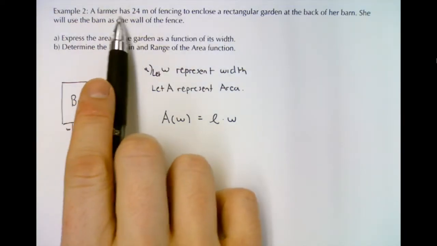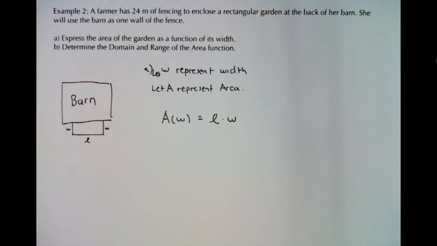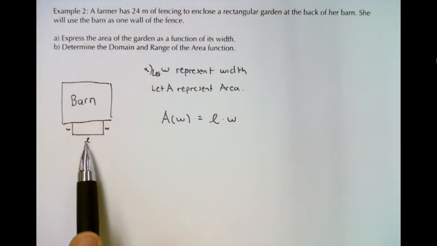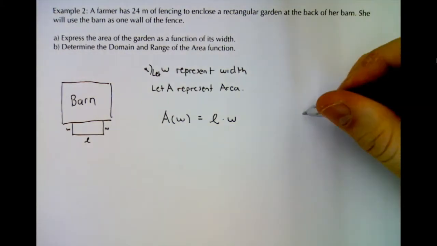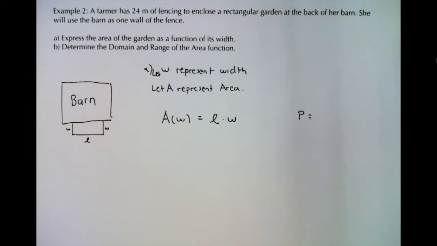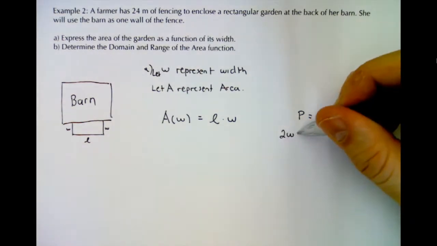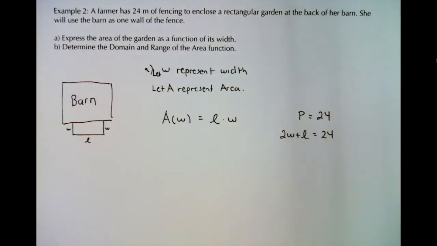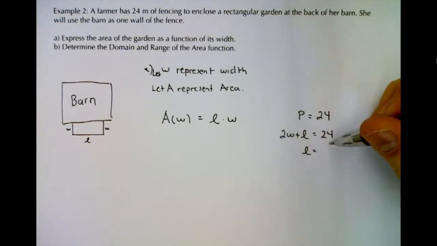and that's where this part comes in. Farmer has 24 meters of fencing. So that means that the two widths and the length must add up to 24. So we can write a little equation off to the side here and say that the perimeter of this has to be 24, and the perimeter of this is only 3 sides, and it's made up of 2 widths plus a length. And if we isolate for L, we get 24 minus 2W.